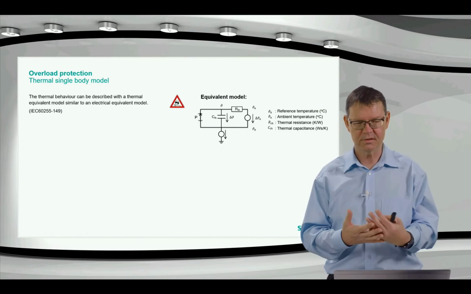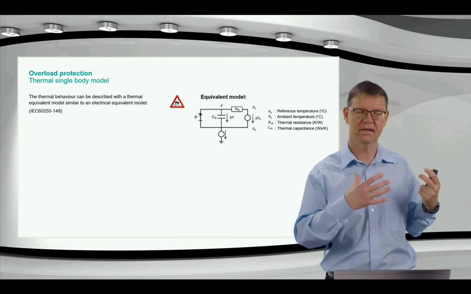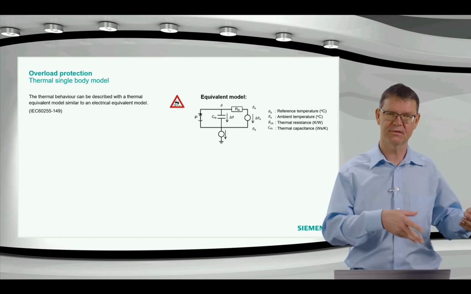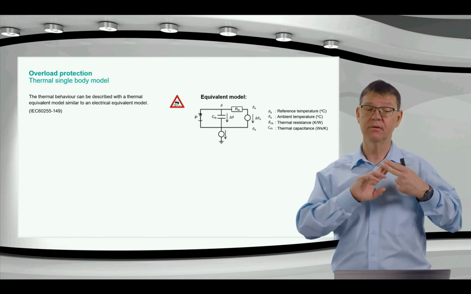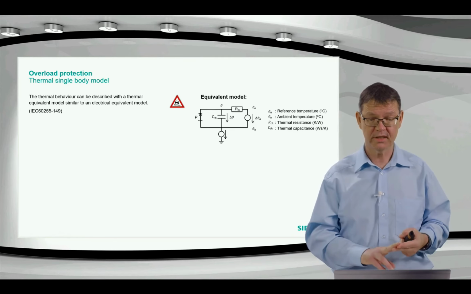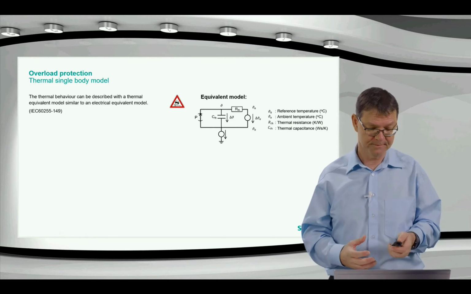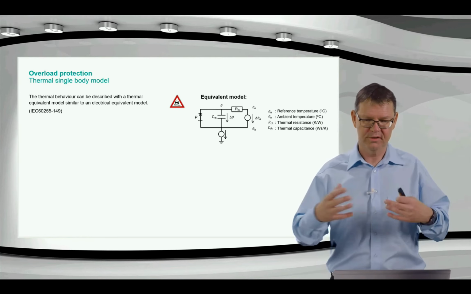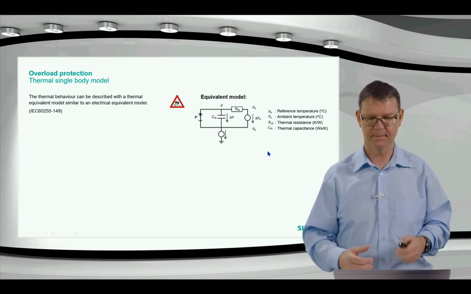So we have this relatively simple thermal model, because it's a good approximation to everything that takes place in the motor or the transformer or the cable. And we have the proper input data, which we get from the motor manufacturer, so that we can deal with this model. That's the reason why we don't have a model with a lot of bodies and a lot of resistances here and so on. We use just this here.